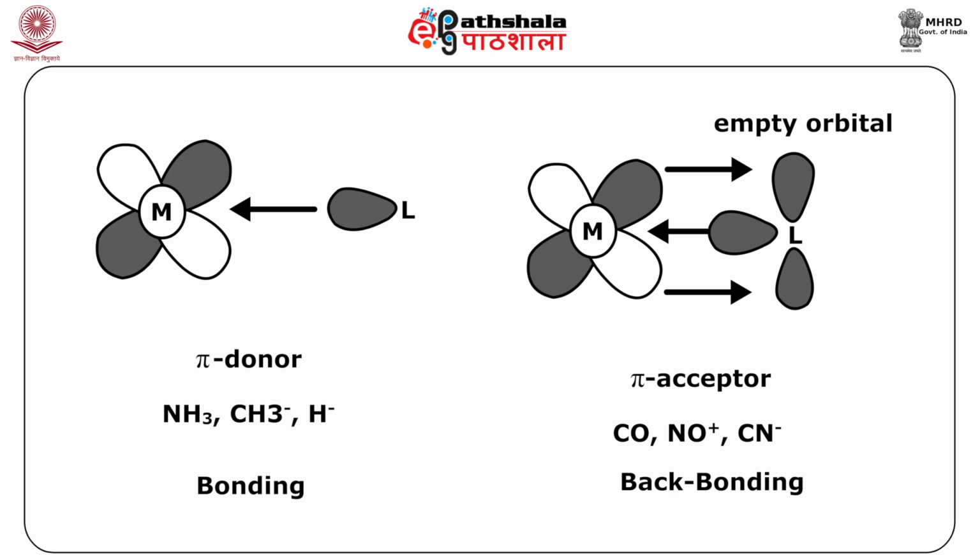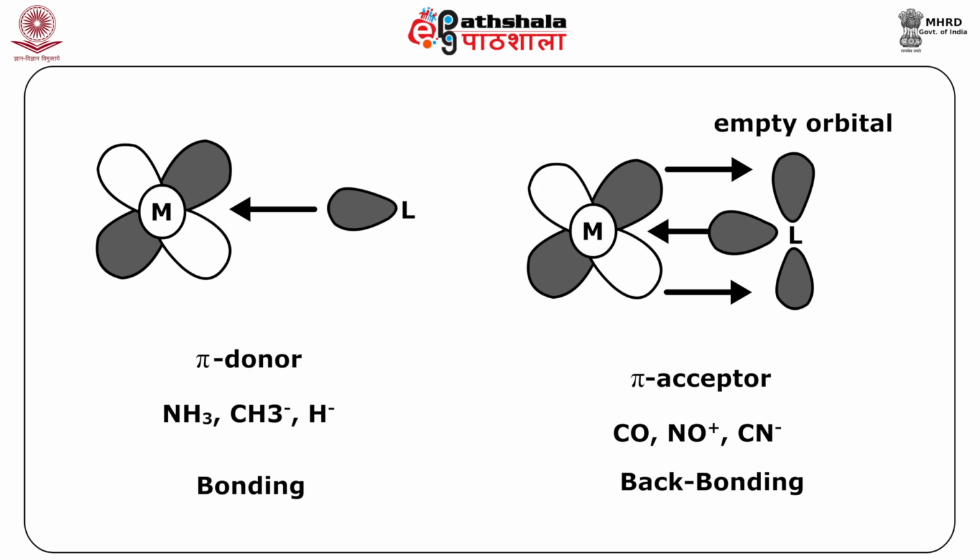For such ligands, the normal bonding along with the back bonding also takes place. The bonding is synergic with respect to the back bonding, which means a sigma donation, referring to bonding to the metal, reinforces, or we can say increases, the pi back bonding to the ligand, and pi donation from the metal to the ligand fortifies the sigma donor component of the bonding.